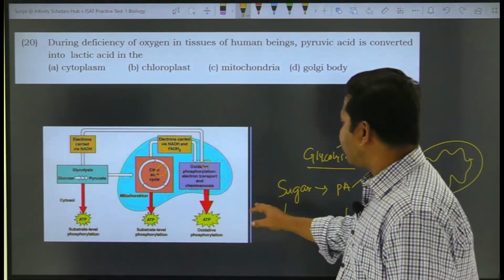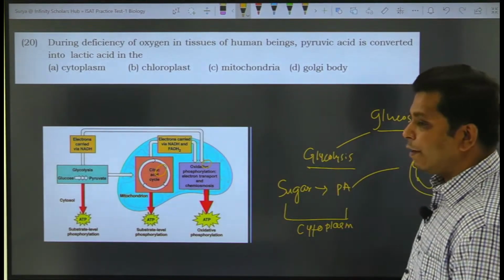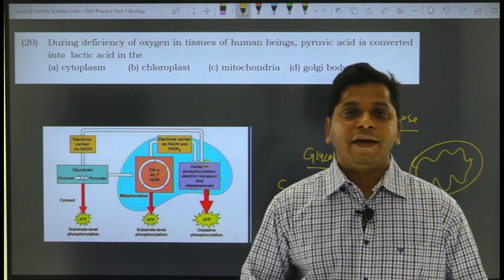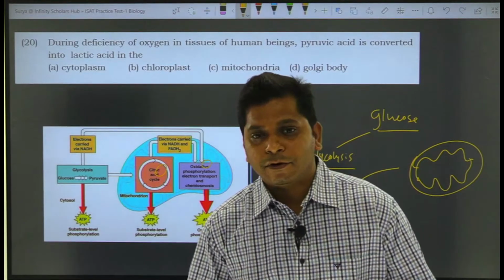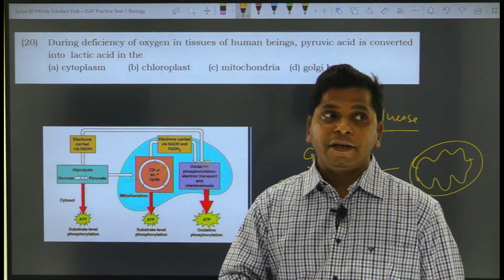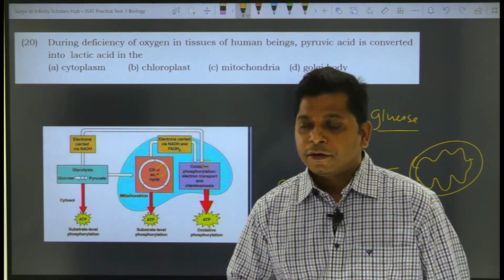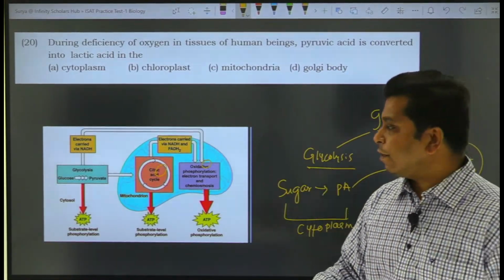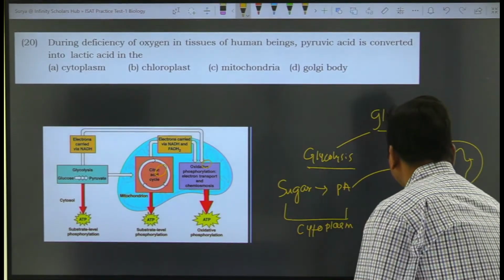As this pathway cannot work, what will happen? The respiratory pathway will go through an anaerobic mode. So, this is aerobic respiration. Aerobic means it is happening in the presence of oxygen. But as there is no oxygen present, it will go through an anaerobic process.